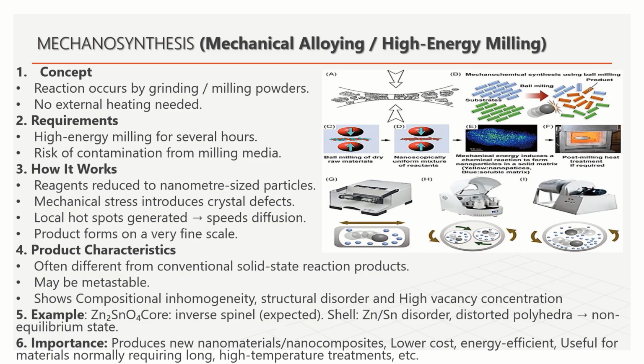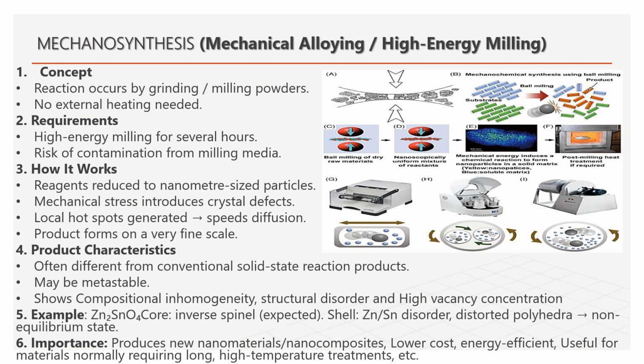And why is it important? Because the structure of materials made this way is different, their properties can also be different, and the manipulation of these properties is always a high scope for research. So this can be an advantage, especially for making nanomaterials that need small size, high defect concentration, unusual structures, or enhanced reactivity.